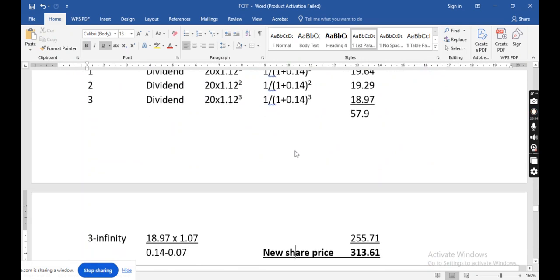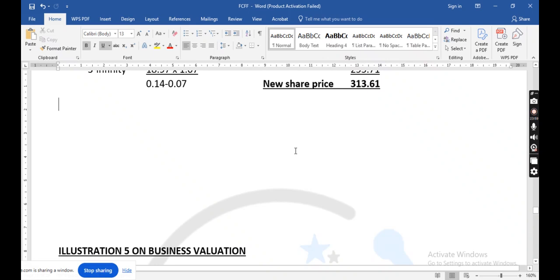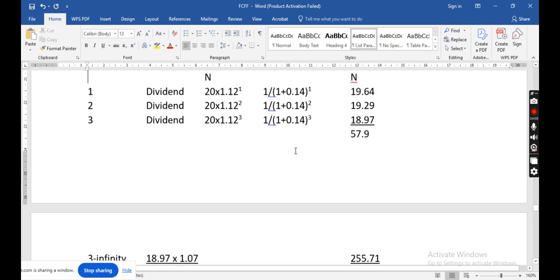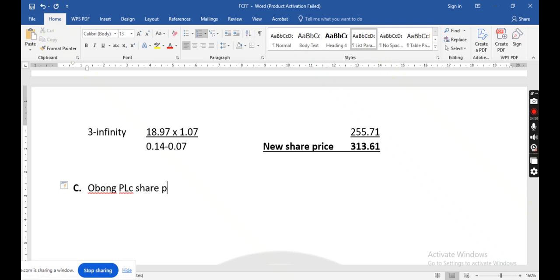So now let's compare the first share price, the Obong PLC share price.